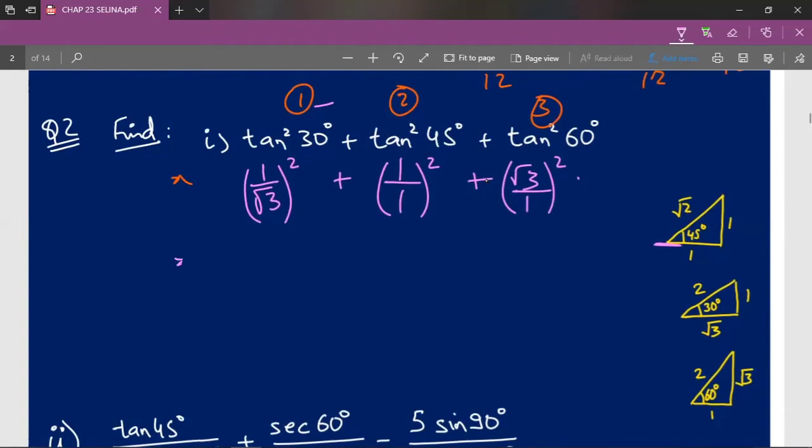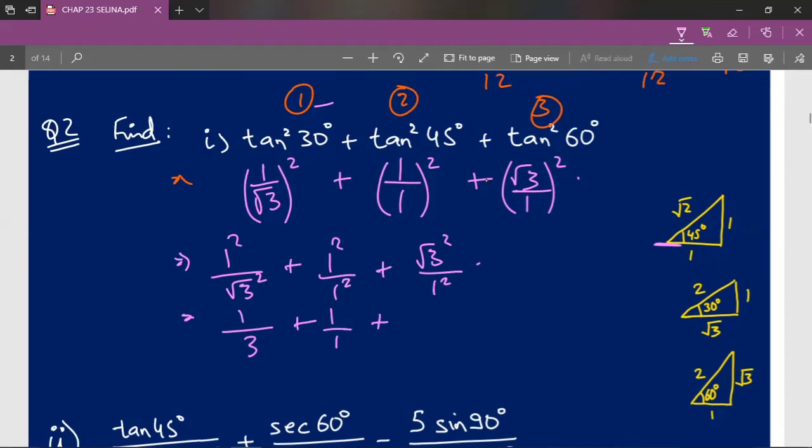Now we have achieved the significance of solving our statement, and then we'll move to our next step. 1 square upon root 3 square plus 1 square upon 1 square plus root 3 square upon 1 square. So therefore 1 square is 1, root 3 square is 3, plus 1 square upon 1 square plus 3 upon 1.